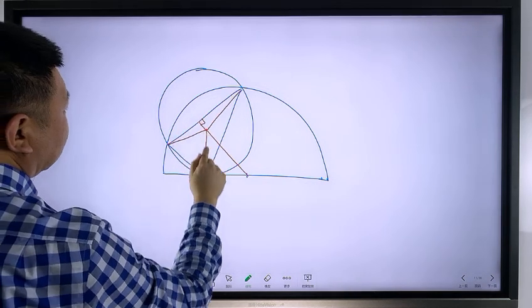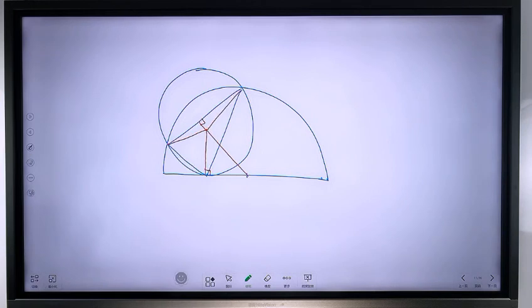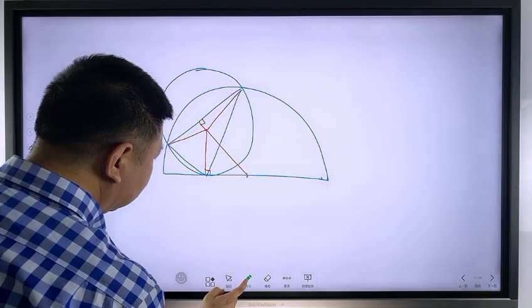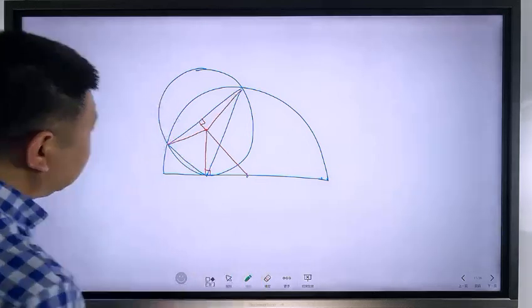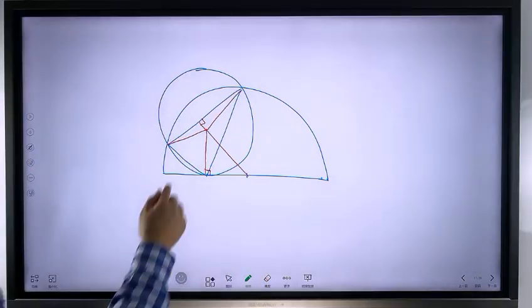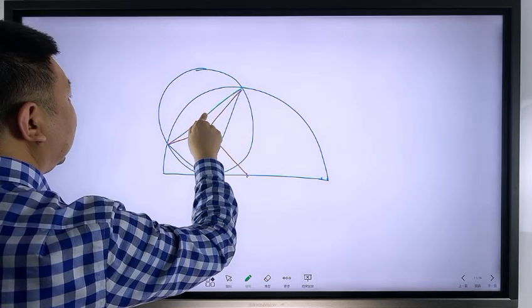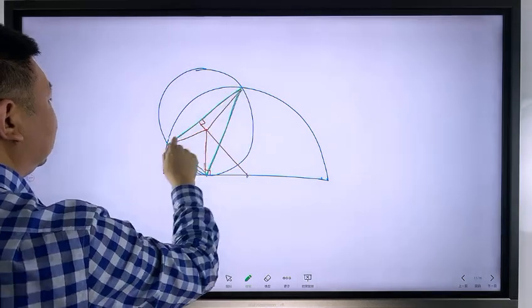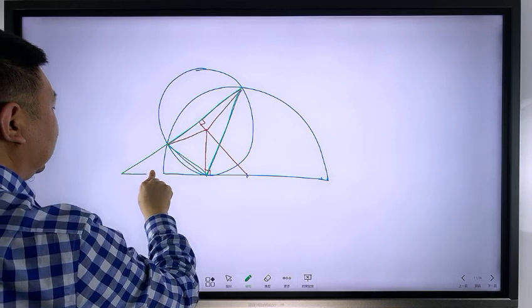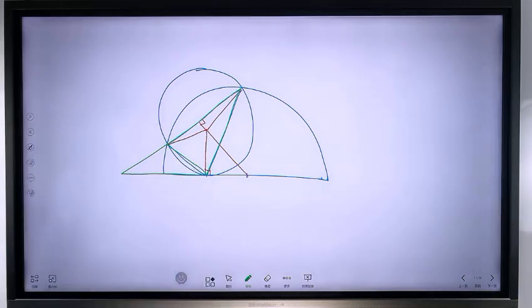And also I'm going to write down all the right angles. So the idea is we need to find the area of this triangle. So I'm going to extend into that one.